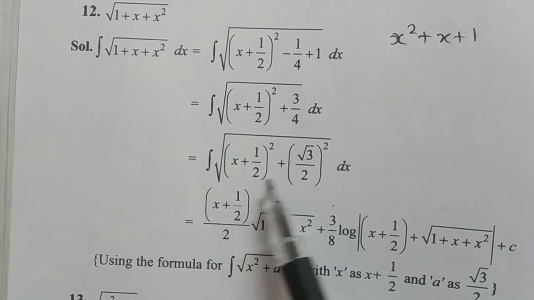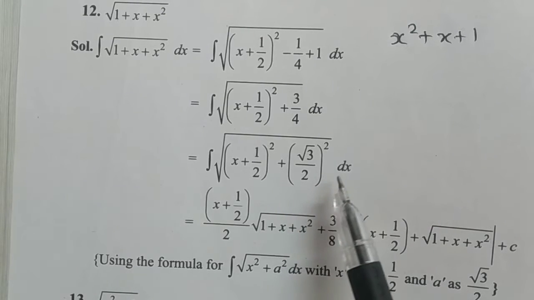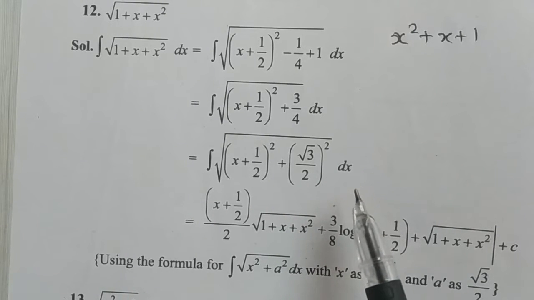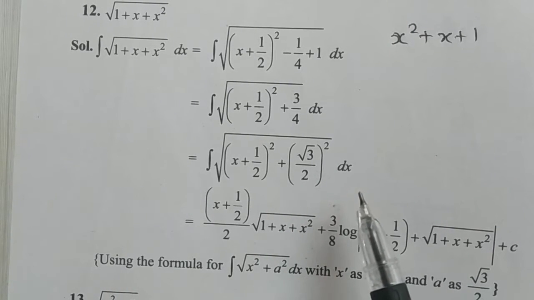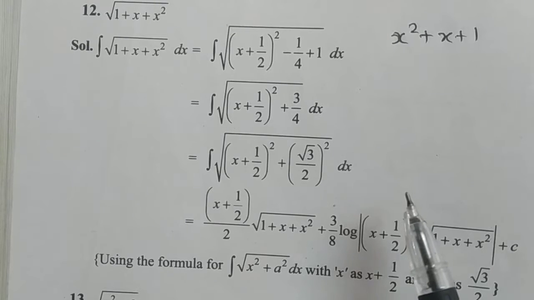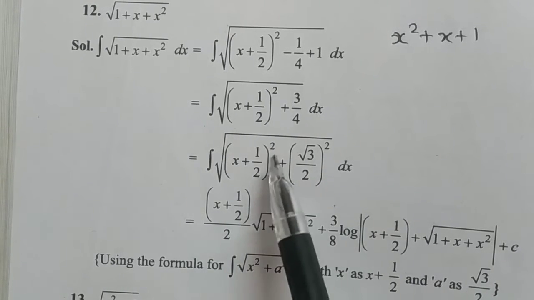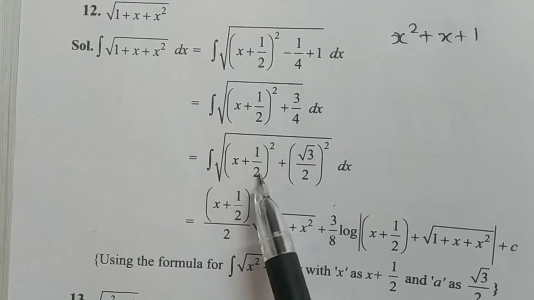So what is the formula for x square plus a square? x by 2 square root of x square plus a square, plus a square by 2 log modulus of x plus square root of x square plus a square. So apply this formula. x by 2, what is the x value? Here it is x plus 1 by 2.